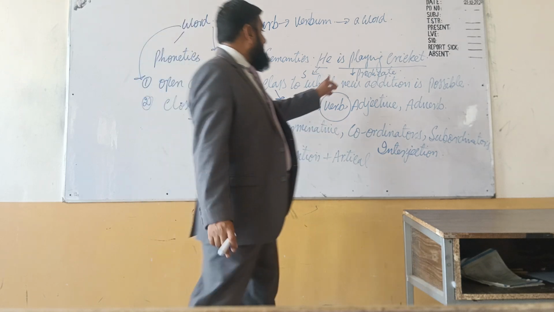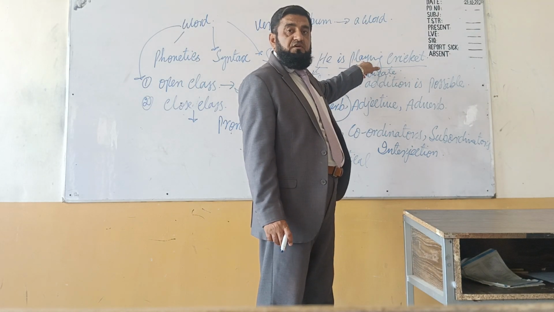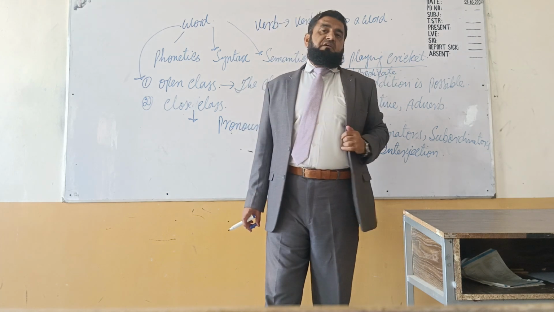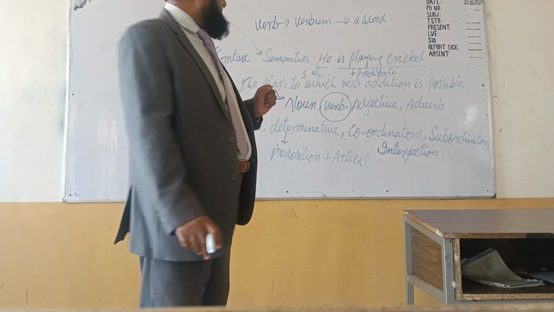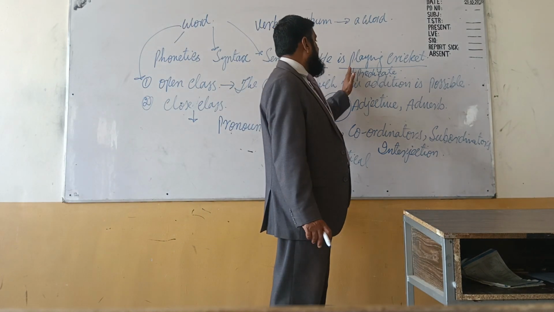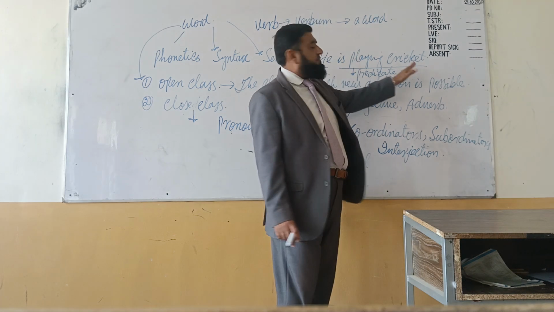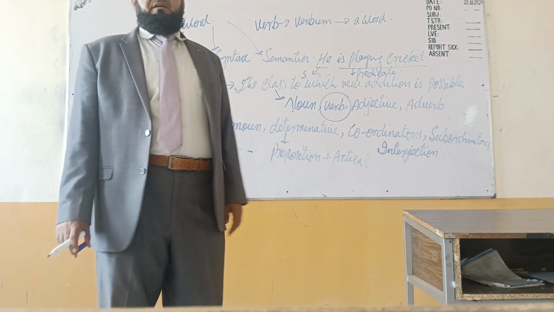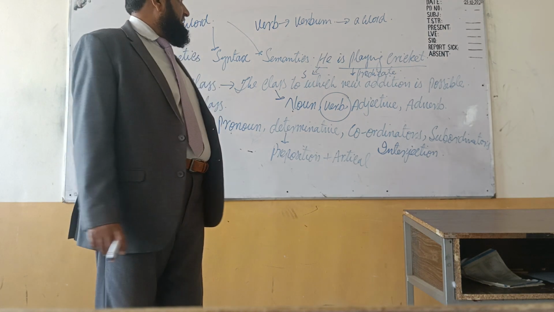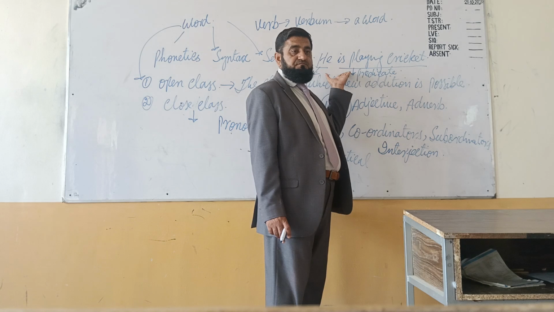Actually, the predicate is called so for the reason of the verb, because the verb is called the predicator. Since the verb is used here, we will call this part the predicate. So that is subject and predicate.